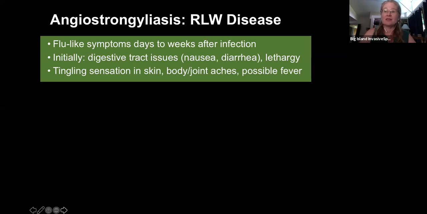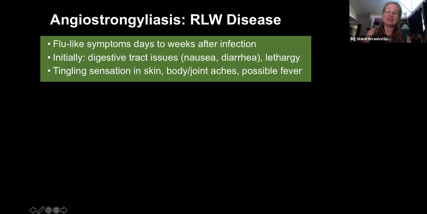The Jarvi lab has been working on a blood test for the antibodies to see who has been infected. And about 40% of the folks that voluntarily gave their blood in Puna, who had said they had never had rat lungworm, came up positive for the rat lungworm antibodies. So that's indicating that there is mild disease and a lot of people won't know.